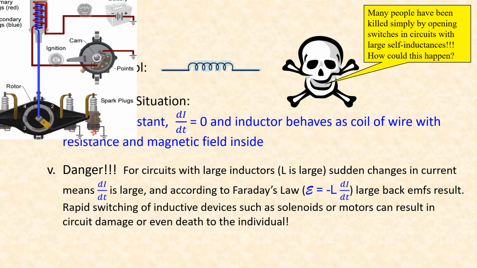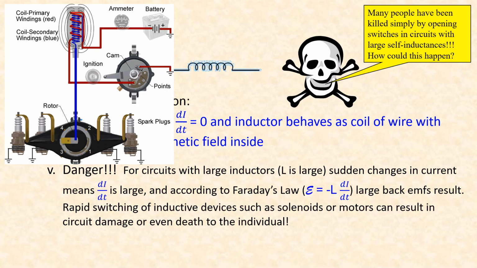So let's revisit an example that we looked at previously, and that is the induction coil in a car's internal combustion engine. As we said previously, as the distributor cap rotates, a contact switch continually interrupts the circuit, causing the DC current in the primary coil to be turned off and on at regular intervals. This periodic break in the circuit causes a sudden change in current and a large voltage is induced in the secondary coil.